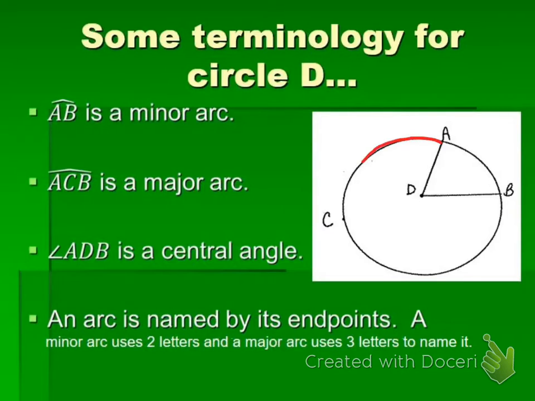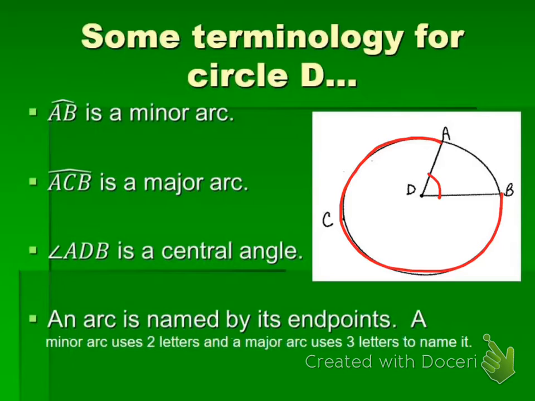You can see that ACB takes up much more than half of the circumference of the circle. Angle ADB, this angle here, so we would start at point A, go into point D, out to point B, is called a central angle because the vertex is at the center. Central angle, vertex is at the center.